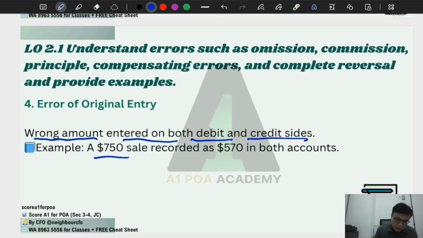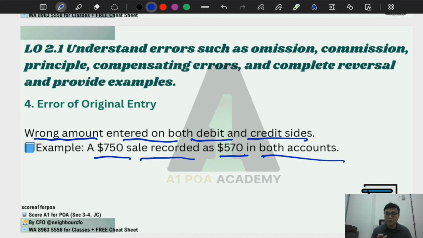A 750 sale is recorded as 570 in both accounts. Maybe the bookkeeper keyed too fast, but in the midst of keying in 750, the figure sequence went wrong. It is 570 in both accounts, but in actual fact it is 750.